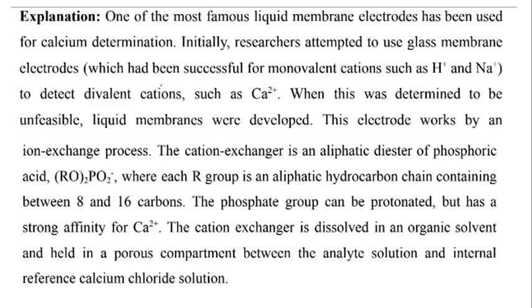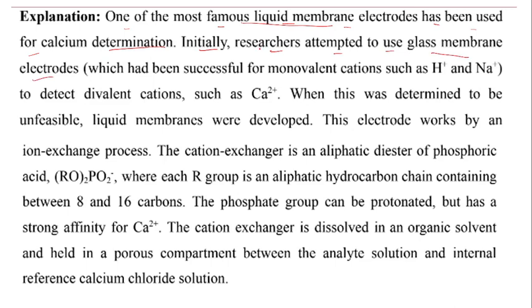So let me explain this question again. One of the most famous liquid membrane electrodes has been used for calcium determination. So liquid membrane is the right answer. Initially, researchers attempted to use the glass membrane electrode, which is used for sodium and potassium ion.